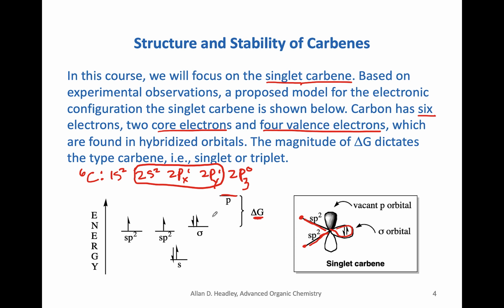But for our course, we will look at the singlet carbene, and this delta G here is large enough so that the electrons are paired as shown here. As you can imagine, this electron forms a covalent bond to another atom, and this electron here forms a covalent bond to another atom. So that's essentially the structure of your singlet carbene.